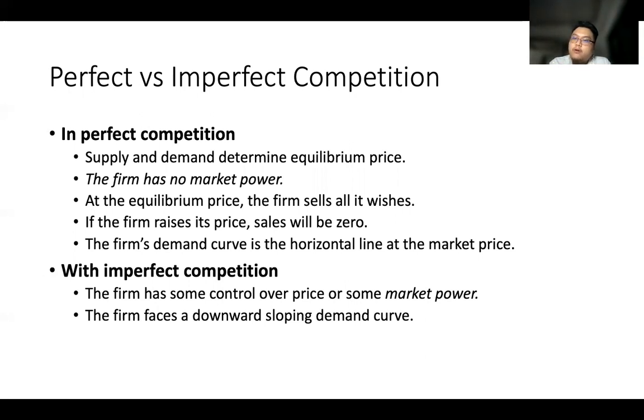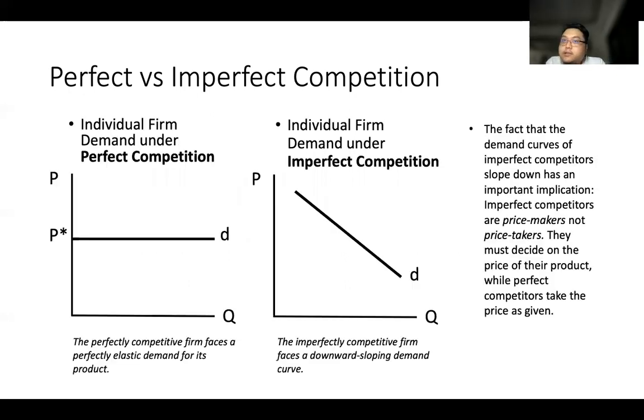But with imperfect competition, the firm has some control over price, or some market power, and the firm faces a downward sloping demand curve. So we'll see more details later. So here's a graphical representation of each. Remember, in perfect competition, the individual firm faces a perfectly elastic demand, right?